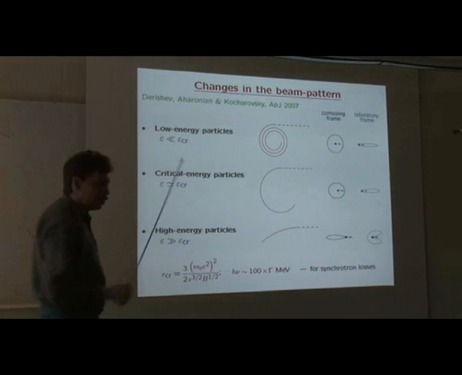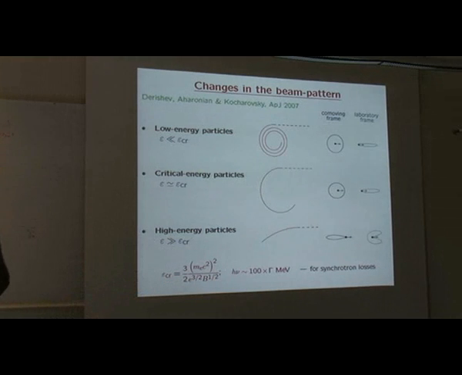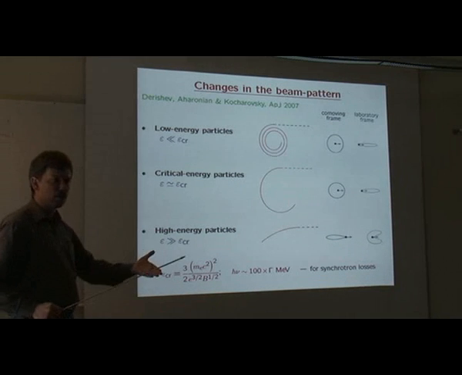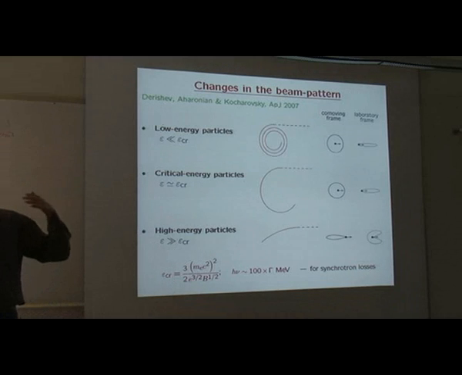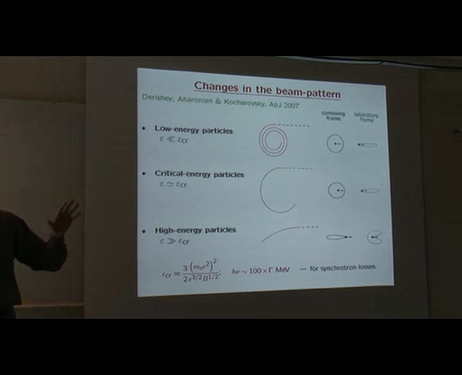Then you have these critical energy particles, which lose half of their energy during half of the gyro circle. Standard diffusive shock acceleration stops here. You cannot gain more than twice the initial energy during one shock crossing. If you lose half of this energy to synchrotron radiation, then you are done. You cannot continue acceleration anymore. So it's a critical energy for diffusive shock acceleration. And at this critical energy, the particle distribution in the downstream is somewhat anisotropic.